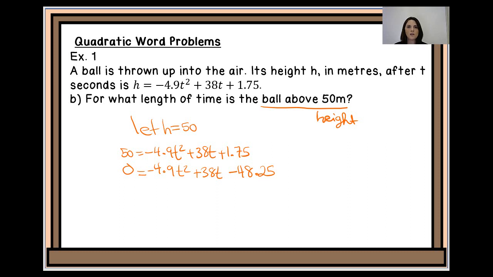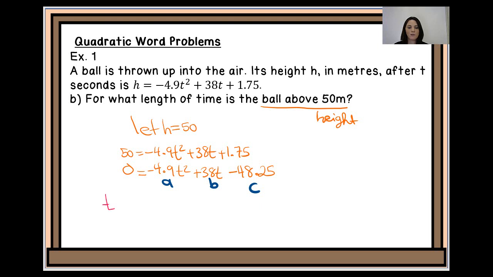And now we can use the quadratic formula to help us find our zeros, or in other words, the t value. This time I'm going to use t equals instead of x equals because that is the variable that my original question uses.